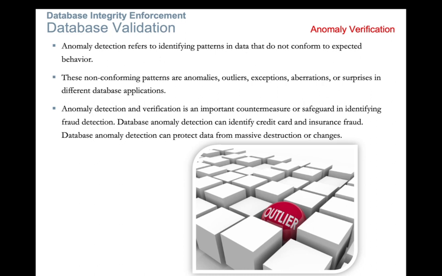Since email can launch a denial of service attack, DoS attack, the email modification of thousands of records could indicate that an attacker is using an organization's database as a tool for his or her denial of service attack. So for database validation, anomaly verification is required, right?